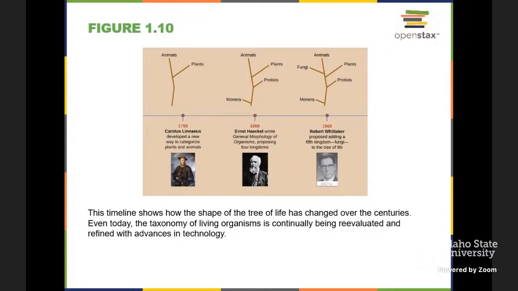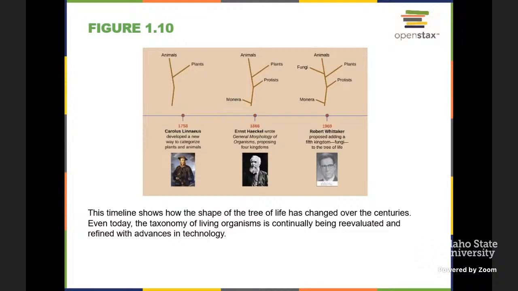1960s, late 1960s, Whittaker decides these fungi, these mushrooms you see at the supermarket right by all of the produce aren't plants, right? They are very different. Cell wall characteristics, all sorts of different characteristics in the fungi that are very different than animals and very different than plants, all right?